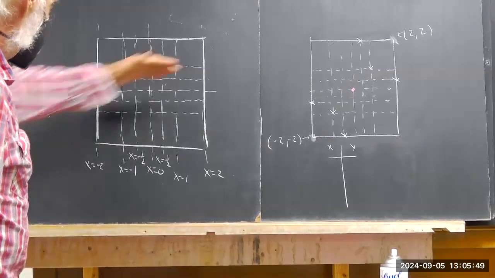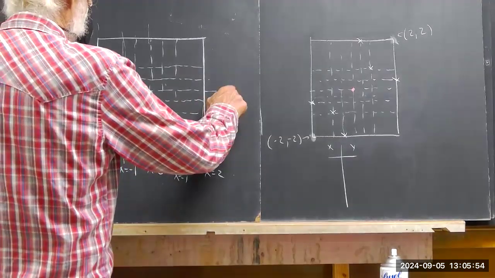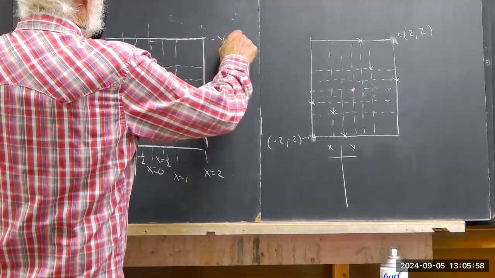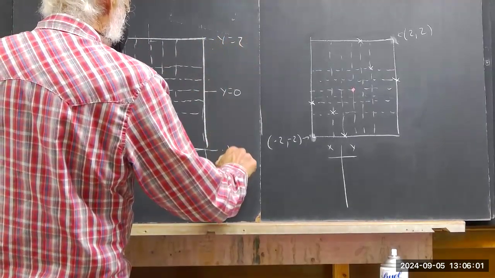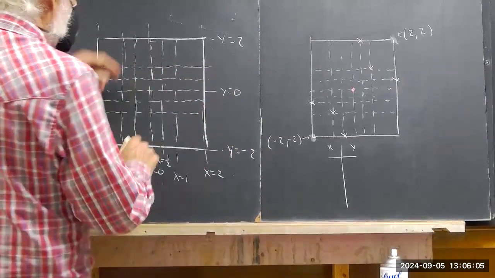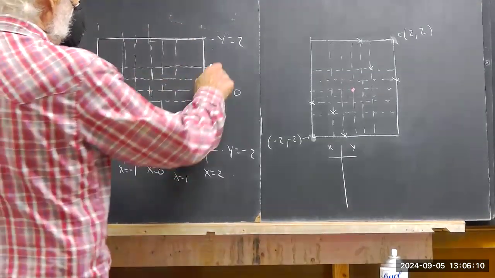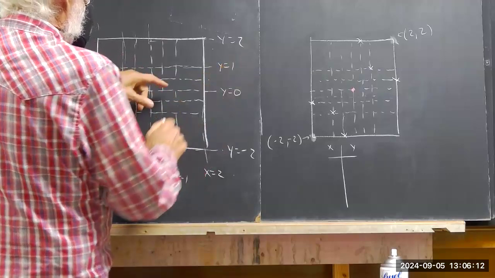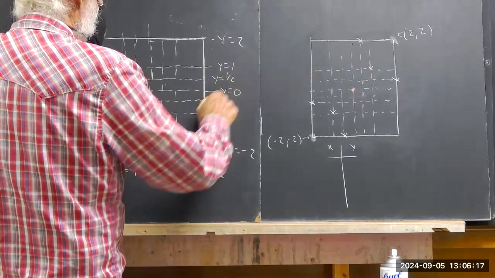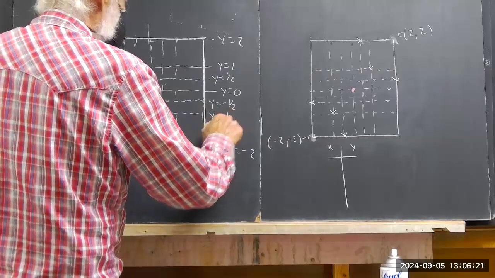All right, then for the horizontal lines, this is the line y equals 0. Here's the line y equals 2. Here's the line y equals -2. This line is halfway from 2 to 0, so that's y equals 1, and this is halfway from 1 to 0, which is 1/2. And similarly, this is -1/2, and this is -1.